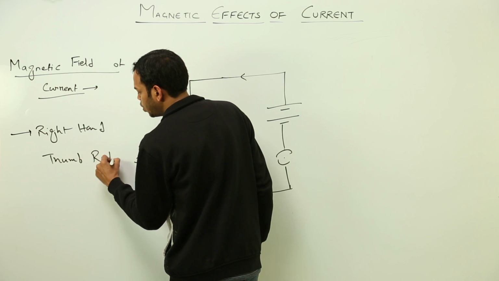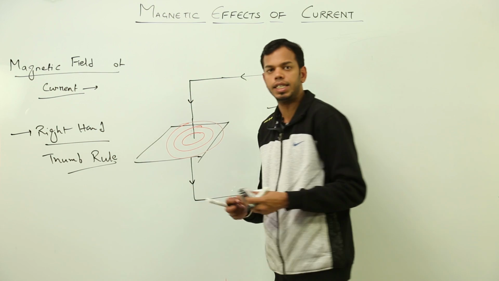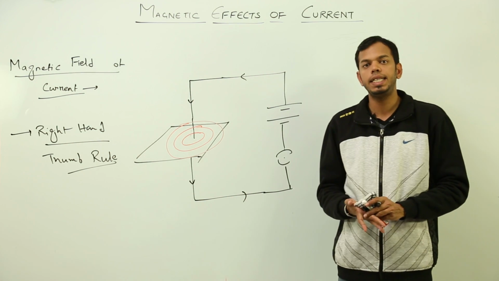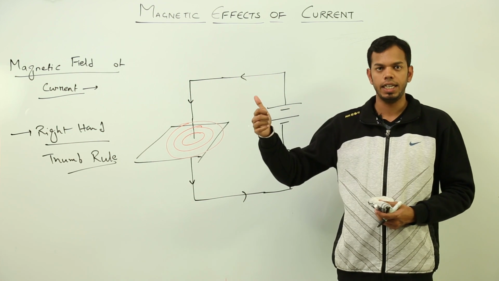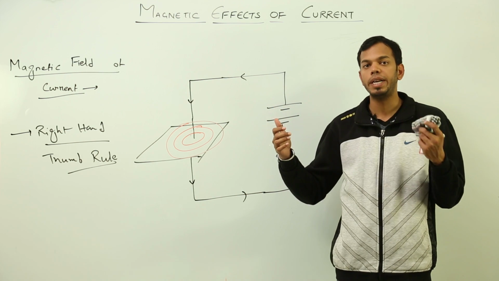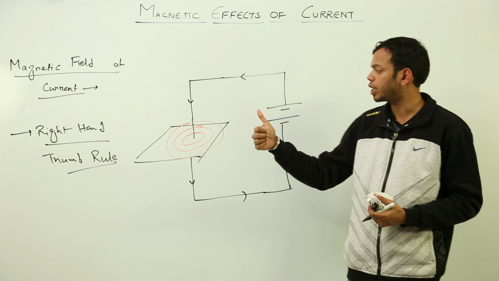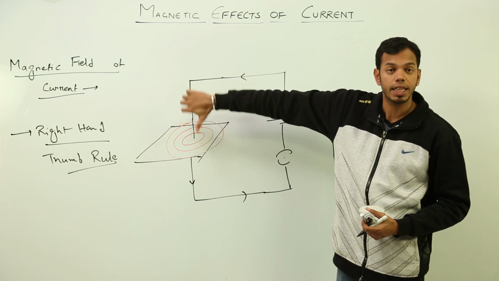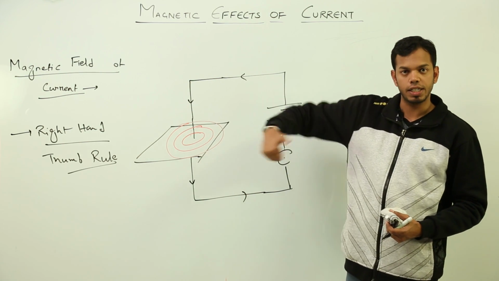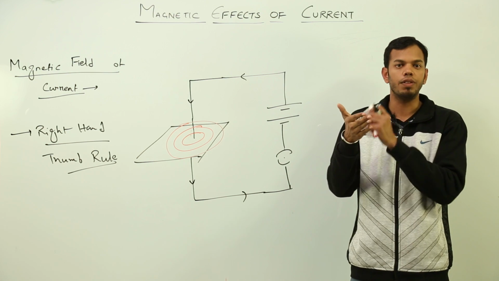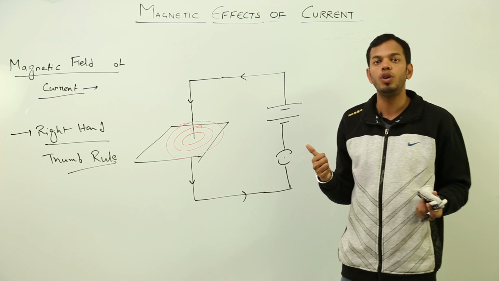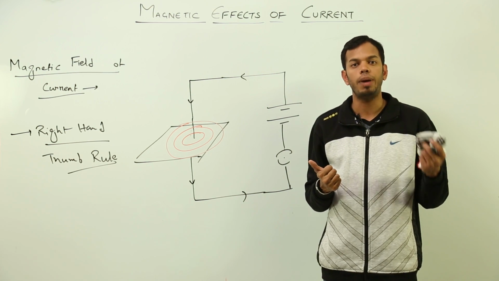What is the right hand thumb rule? It states that you place the thumb of your right hand, and keep in mind that you have to use the right hand only, in the direction of flow of current, that means like this. The curling of fingers, the circular turn which the fingers are taking, is going to show me the direction of the magnetic field.